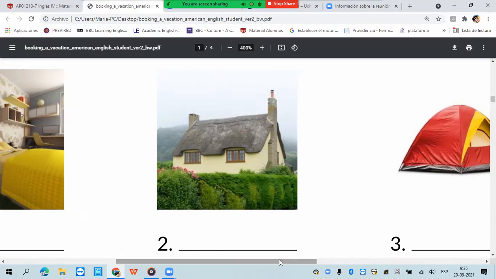What about picture number 2? What is that? A cottage. Does anybody know what a cottage is? How can you define cottage?